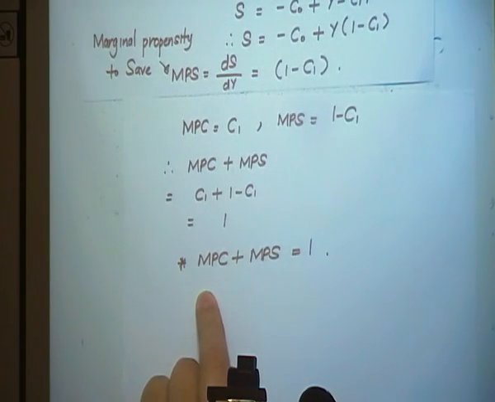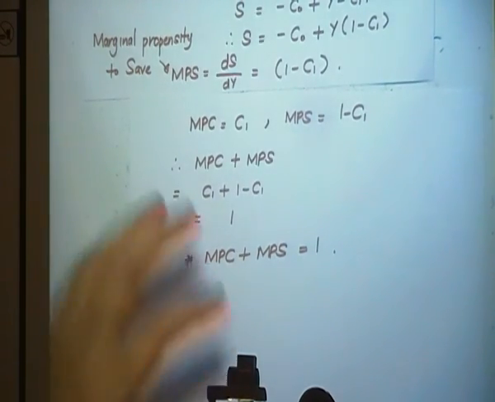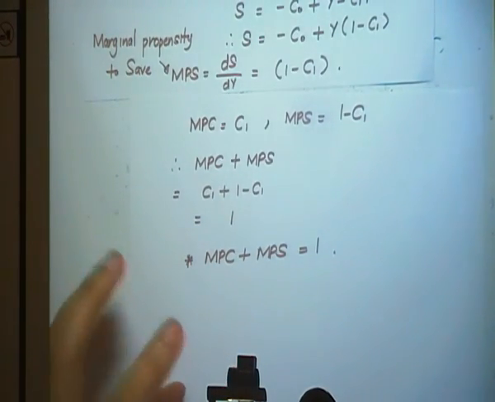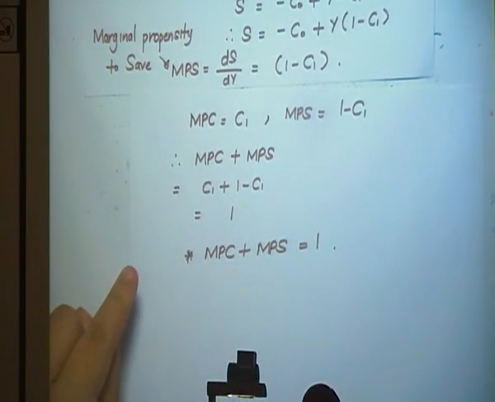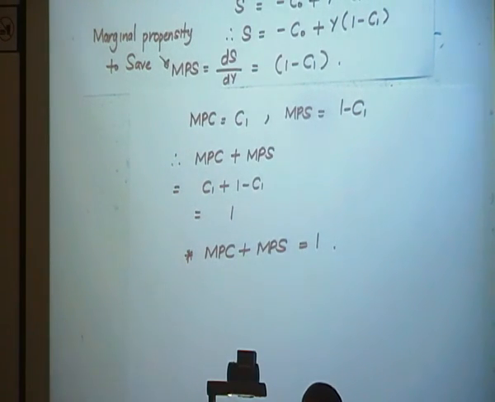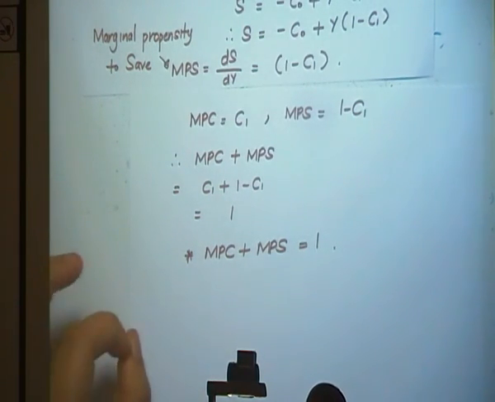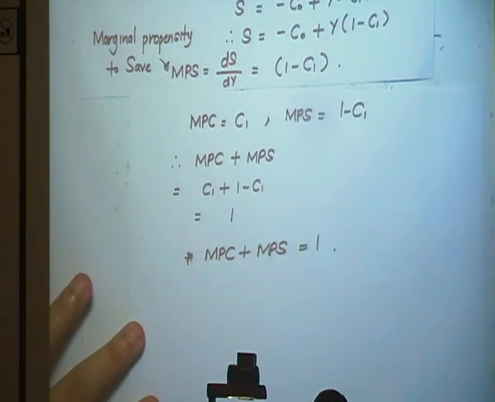That is how you understand this equation, and this equation is always true. Because one year, they gave the MPS, but in the calculation you needed C1, which is MPC. A lot of people got stuck there because they forgot this. If you remember, you can get full marks for the question.